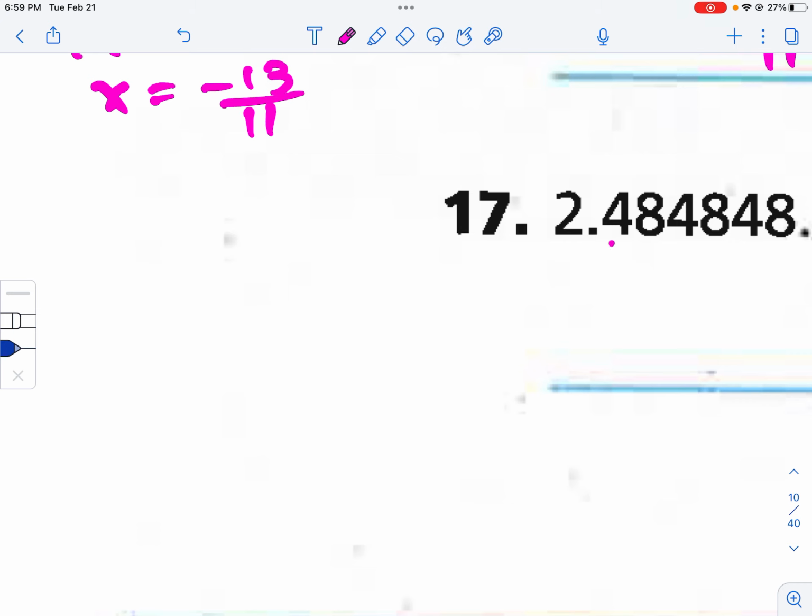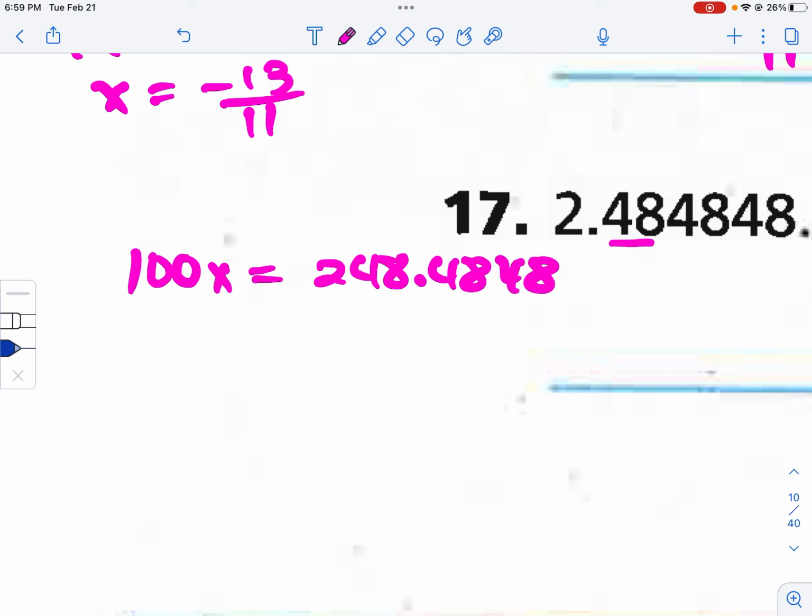How many spots are repeating? 2. So x, oopsie daisy. I'm going to multiply by 100. X equals 248.4848. Now, some of you may be asking, well, how do I know if I'm multiplying it by 10 or 100 or whatever?